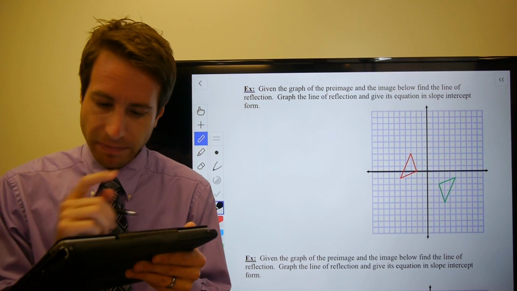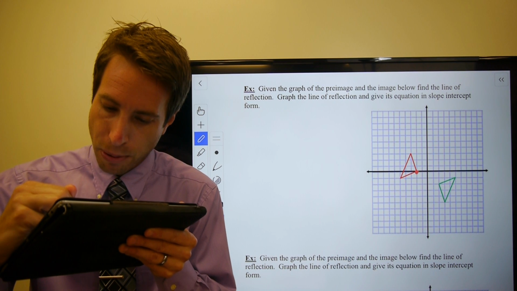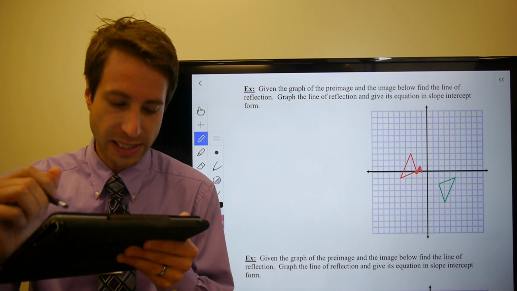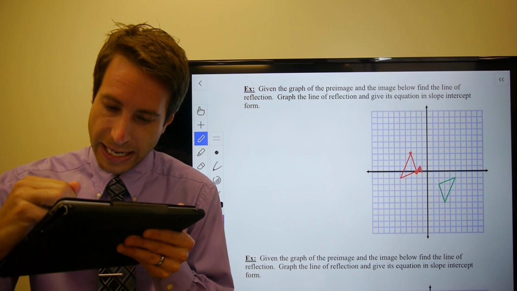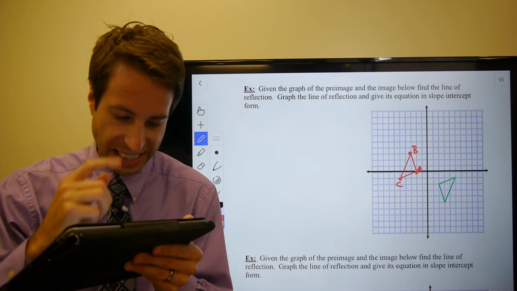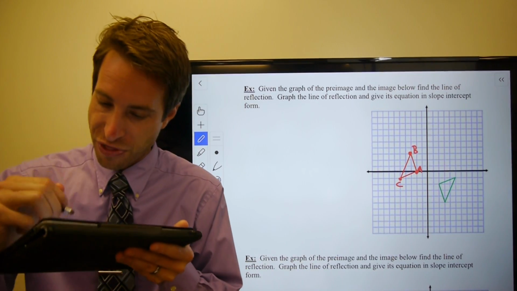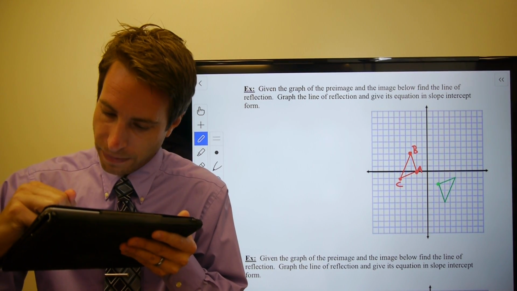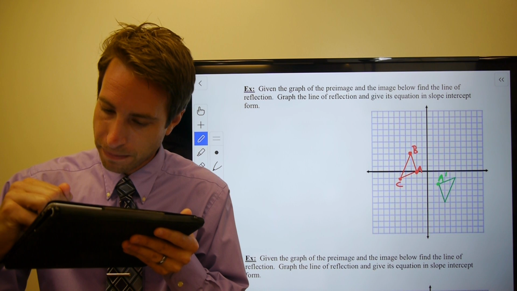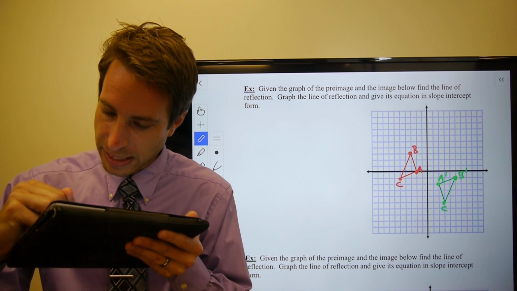Watch this. Let's call this right here point A, that's vertex A, and this one right here, vertex B, and this one right here, vertex C. Then on my reflection, this right here would be A prime, B prime, and C prime.